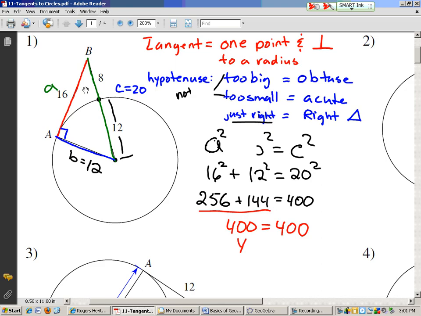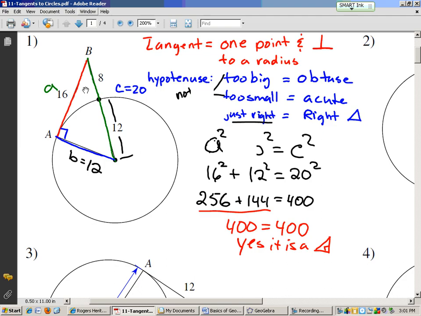So, yes, it is a right triangle. The triangle is a right triangle.